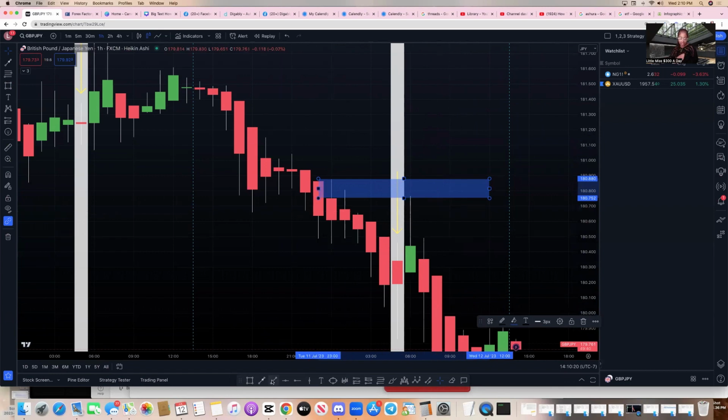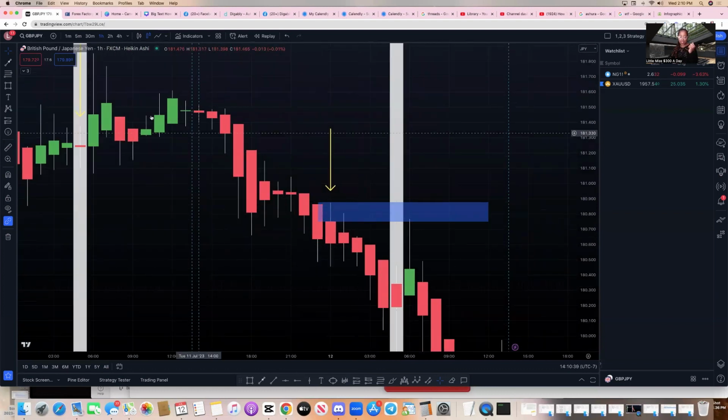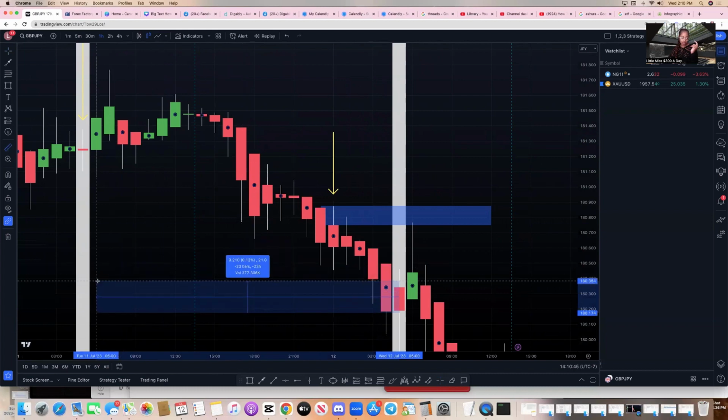So how did I draw that? I'll go over that again. I draw my zones from base to wick of the candle that I deem as the high or the low. So this is the high for me. Obviously, this is the highest point prior to this opening candle, but this is hours ago. From the opening candle here, this is 23 hours ago.